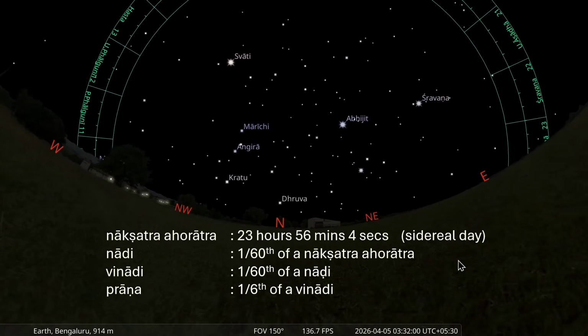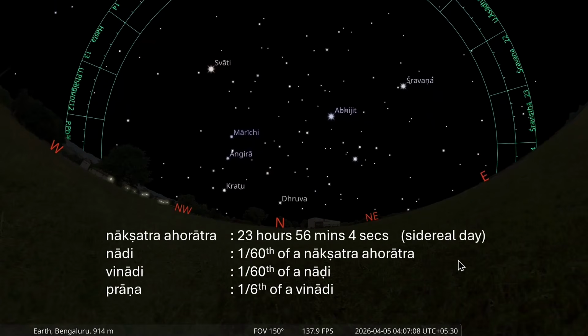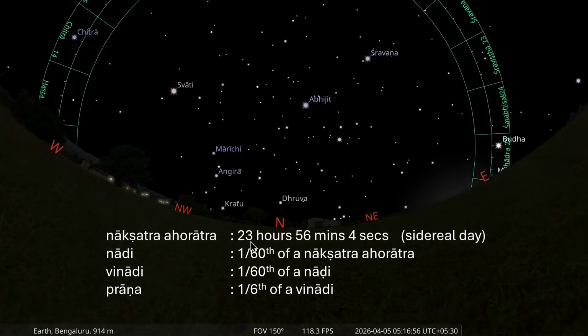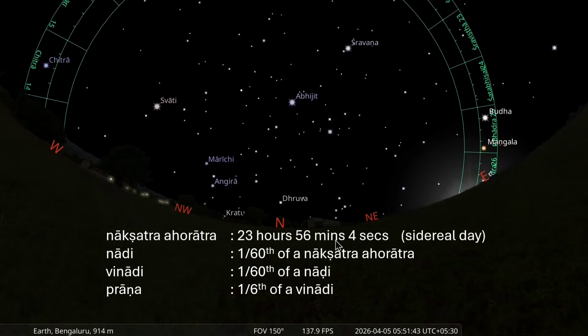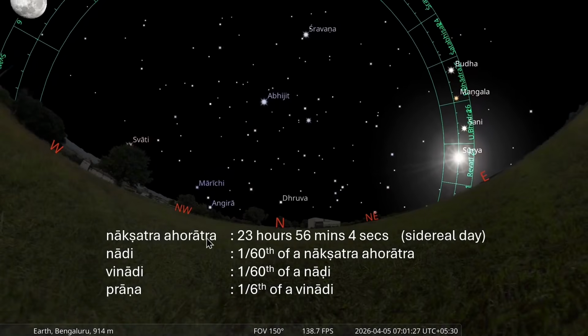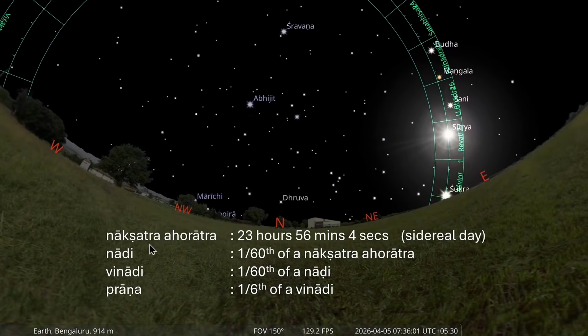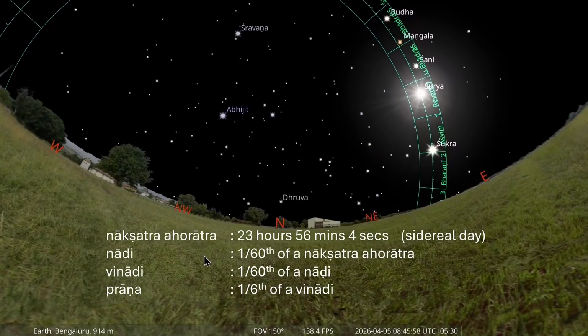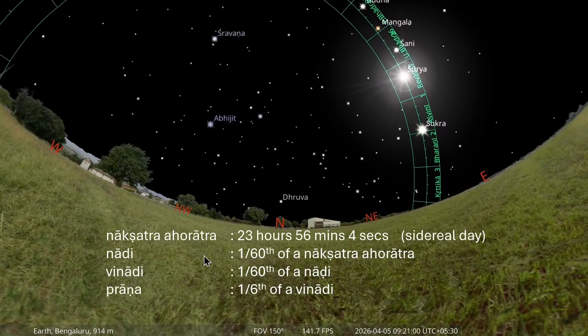And this in our timekeeping is known as Nakshatra Horatra, and the duration of one rising to the next rising is 4 minutes short of 24 hours. It's known as a sidereal day or Nakshatra Horatra, and this is the basis for further subdivisions like Nadi, Vinadi, Prana. We have seen all this in earlier episodes of Ahargana.